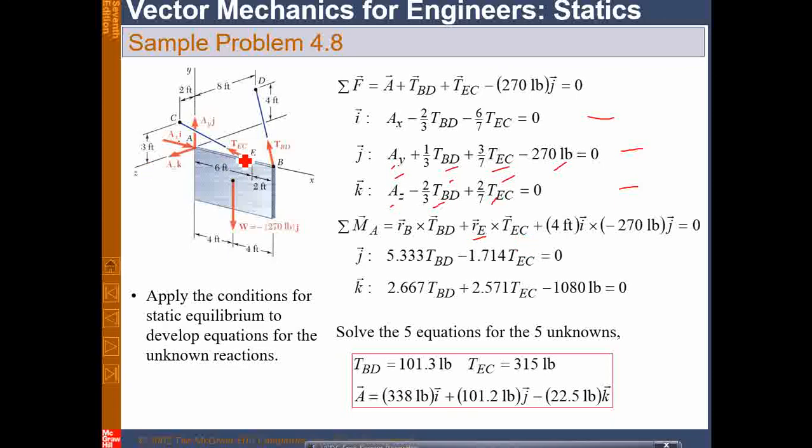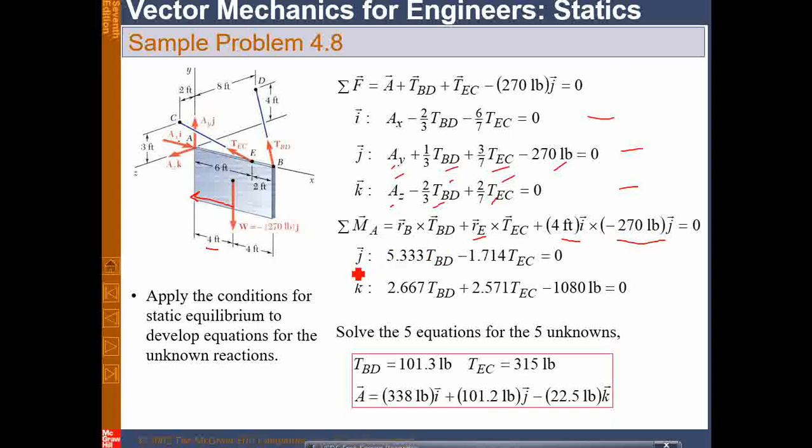TEC, remember, this is only the X component. And then 4 ft times I times this. This is W. This will all produce the moment. And why 4 ft? Because this is 4 feet distance from here. So W from A will produce a moment like this. So try to take the moment: RE times TEC, RB times TBD, and these are the active forces times their distances.